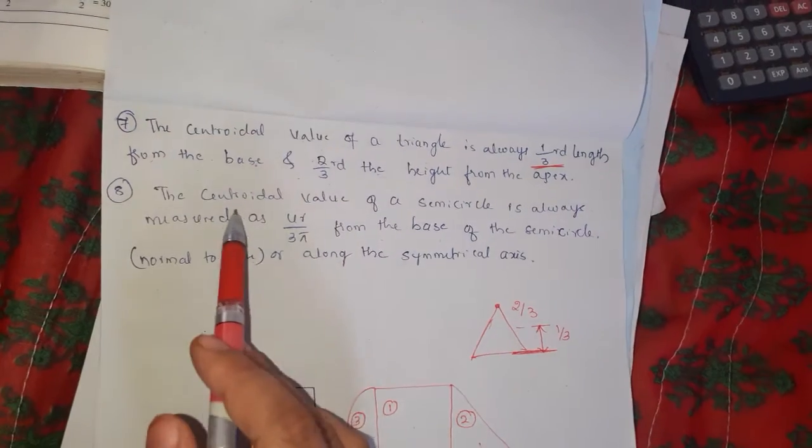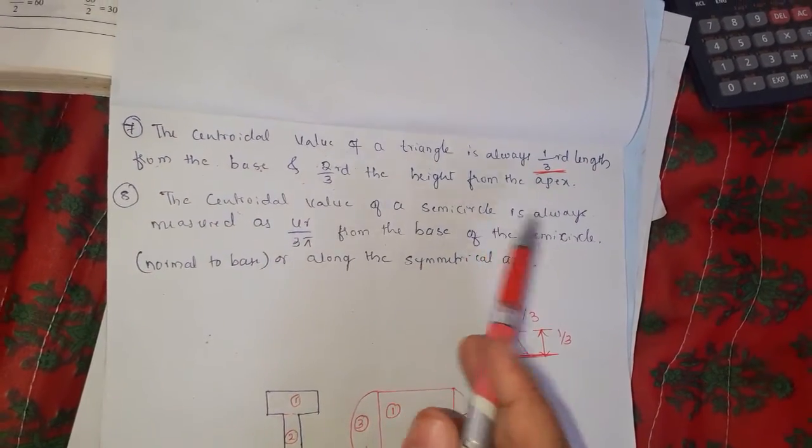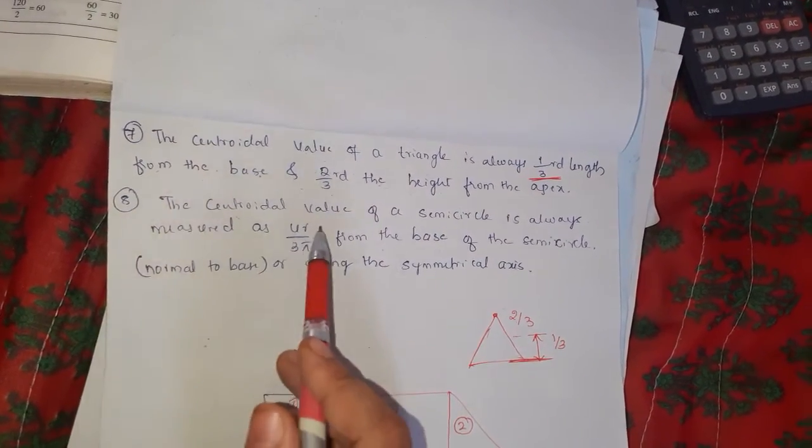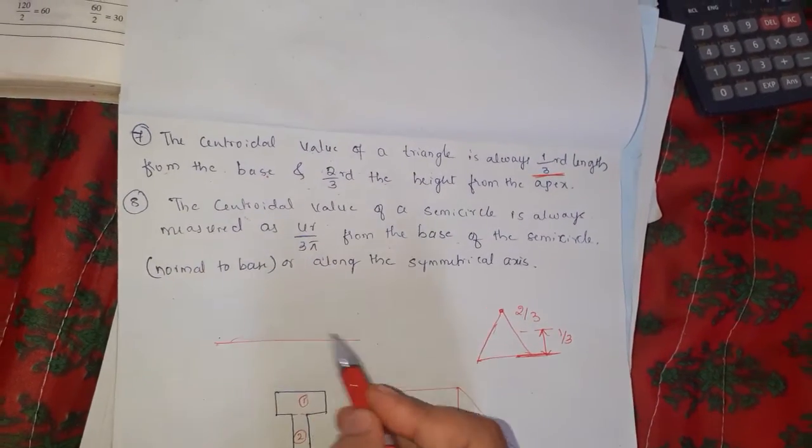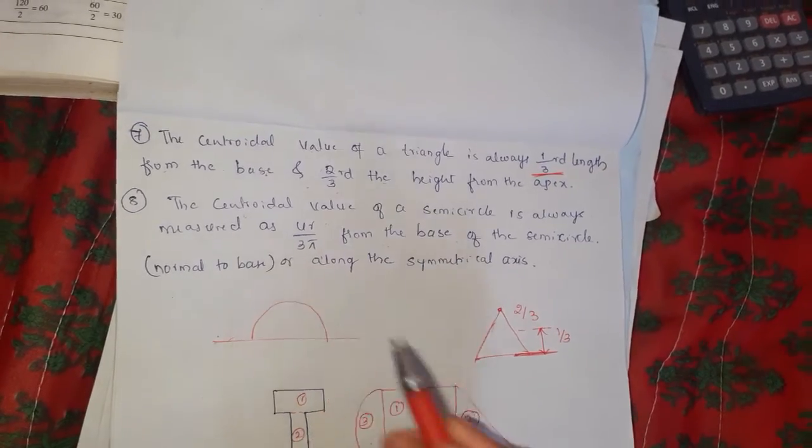Then the centroidal value of a semicircle is always measured as 4r divided by 3 pi from the base. As you can see, this is a semicircle.